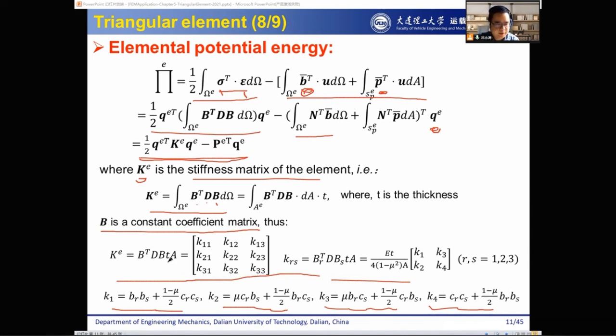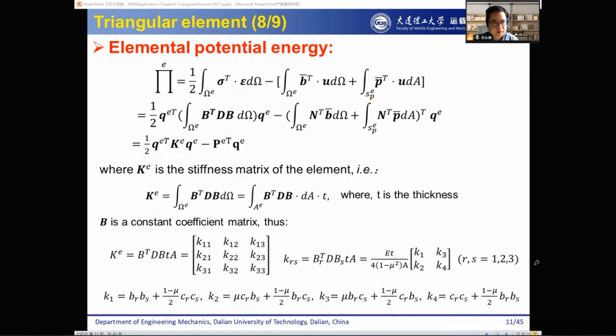And the other thing you need to remember is the procedure, how you obtain those stiffness matrices, how you obtain the D matrix and B matrix. Once you know the procedure, then you can follow the same procedure to solve other elements. This is the knowledge you need to learn.